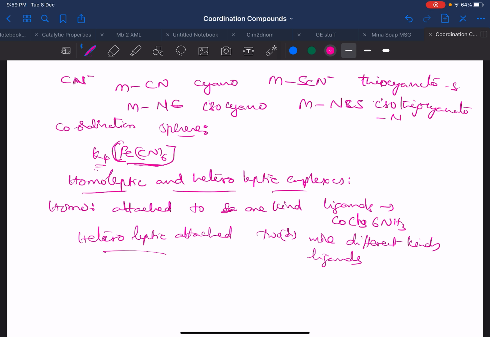For example, [Co(NH3)4Cl2]+ is a heteroleptic complex. So that is about the important terms in coordination complexes as per Werner's theory. If you have any doubts, you can ask your teacher.